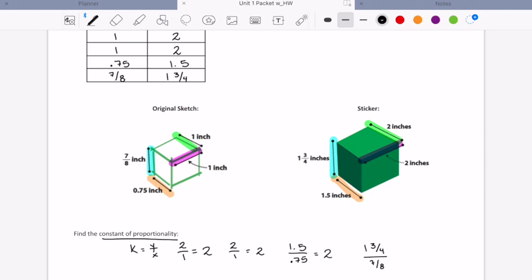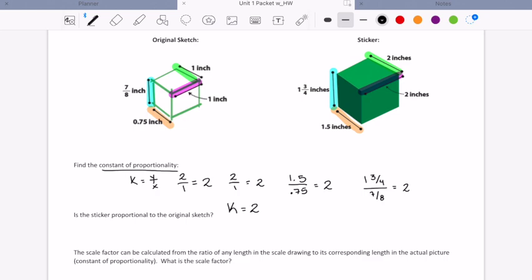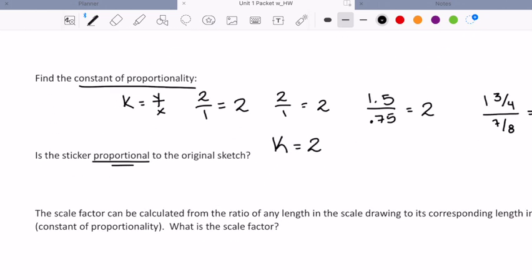And if you ever want to change those to decimals, if they are nice decimals, you can go ahead and put those like that in the fraction, or you can leave them as is. When you divide, this should also give you 2. So that means that K equals 2. Since all the unit rates are the same, the sticker is indeed proportional. So we're going to say, yes, all the unit rates are the same.